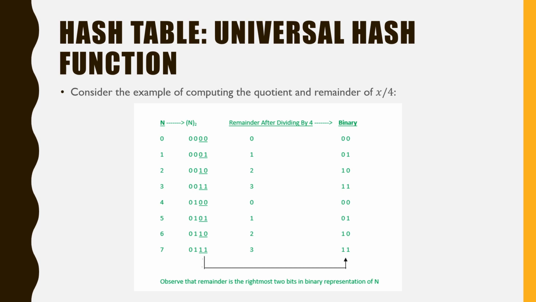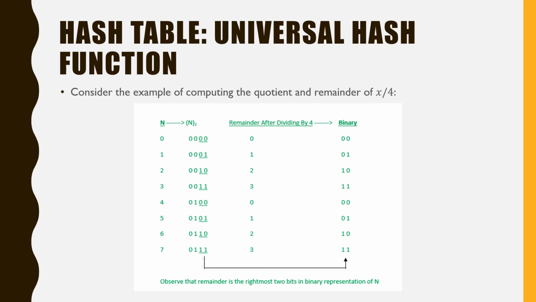In the binary system, 7 is written as 0, 1, 1, 1. Shifting 0, 1, 1, 1 to the right by 2 digits would give us 0, 1 as a binary, which is just 1 as a decimal. It is consistent with the quotient that is directly computed.